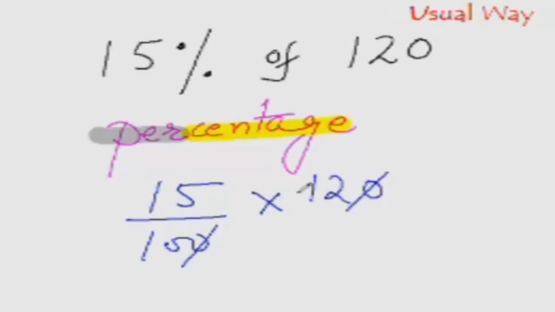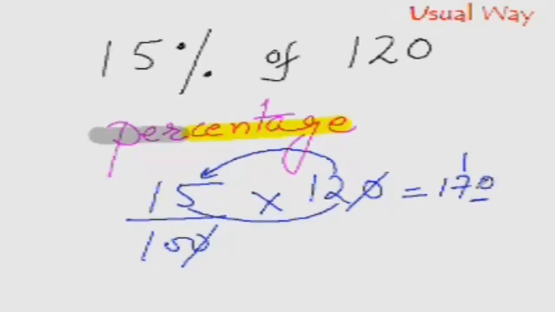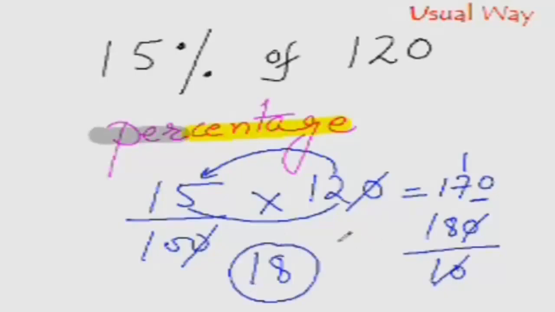Or you can use the faster technique here, like 15 plus 2 is 17. And for the last digit, 15 times 2 is 10. So it would be 180 over 10. Now strike out this 0 and this 0, so you are left with 18. And that is what the answer is. 15% of 120 is 18.